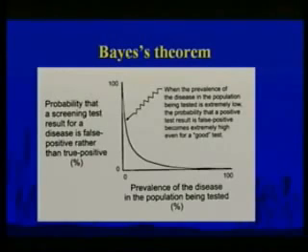On the horizontal axis, we have the prevalence of the disease in the population being tested, from 0 to 100. Obviously, at the bottom right, if everybody in the population you're testing has the disease, then all positive results are true positives. None of them are false positives. On the other hand, if nobody in the population has the disease, then all positive test results are false positives, up at 100.